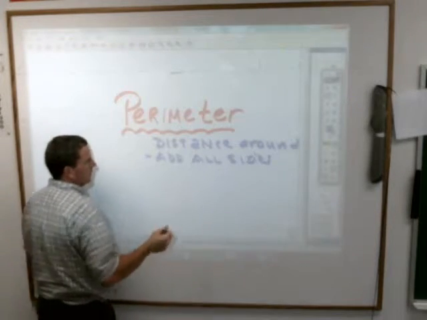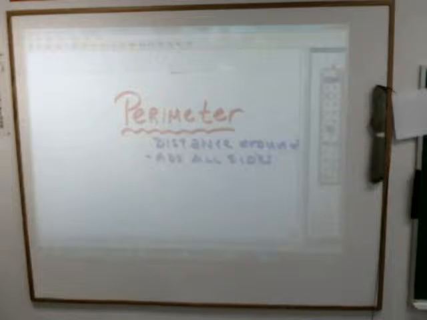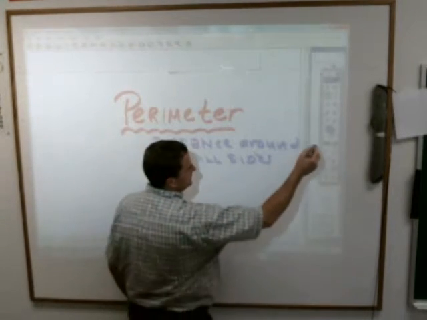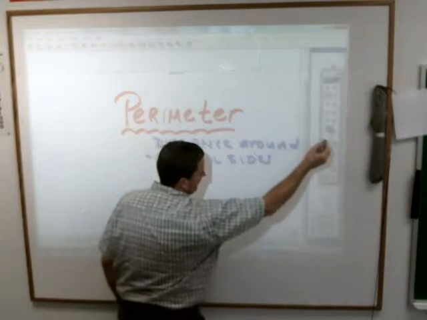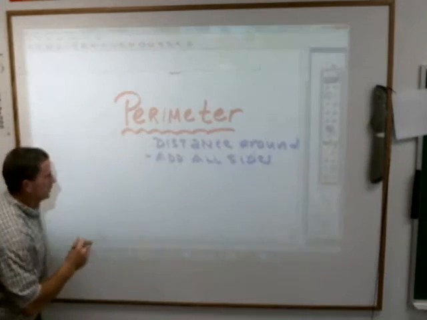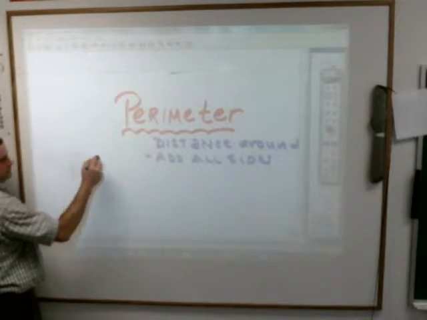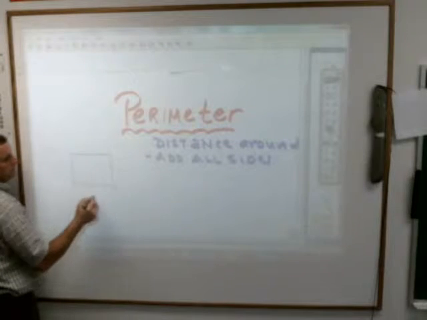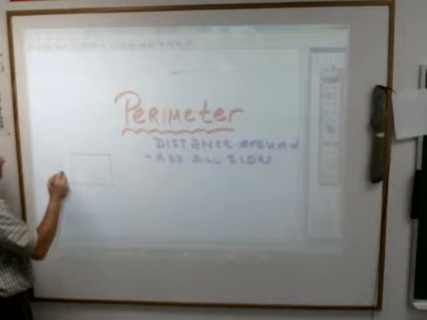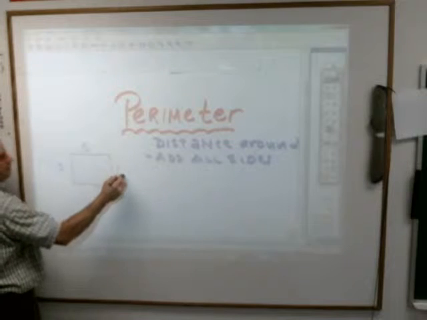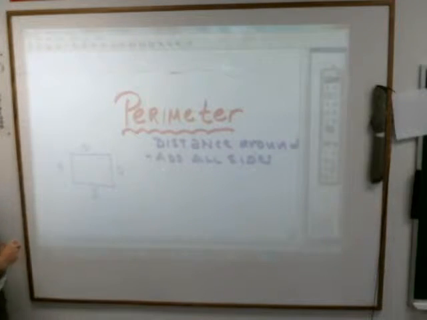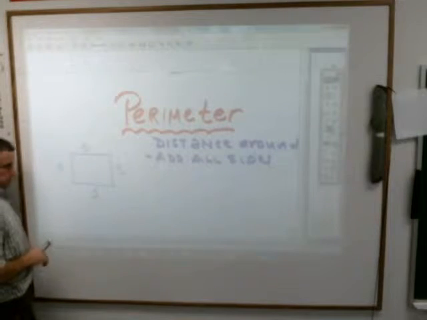Now the book likes to give you a couple formulas for this. First of all, see if this makes any sense to you. Let's say we've got the perimeter of a square. Here's my square. What do I know about a square? All sides are the same.